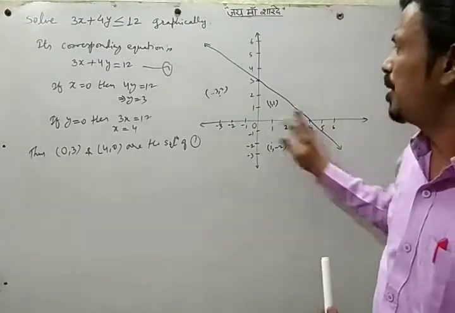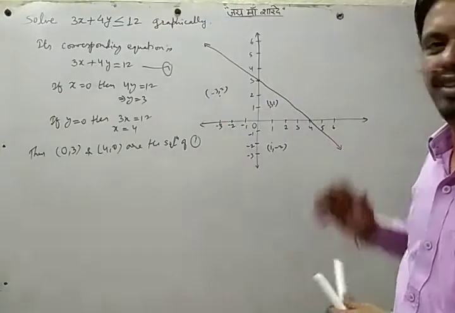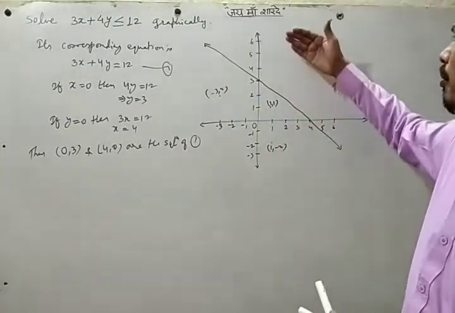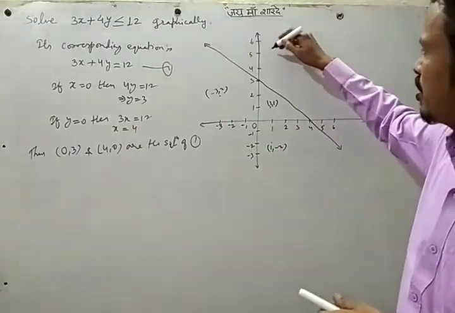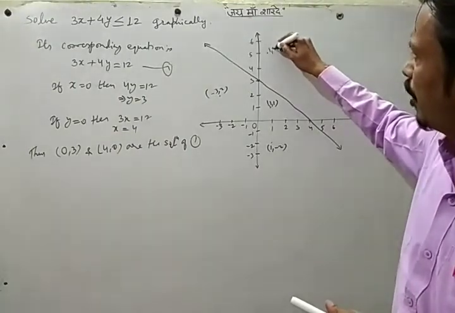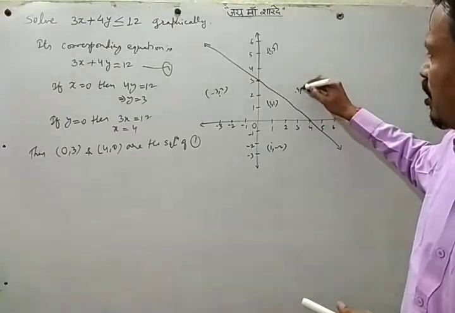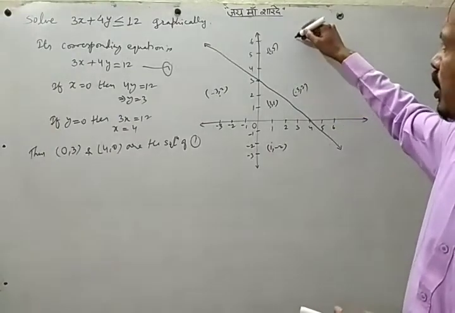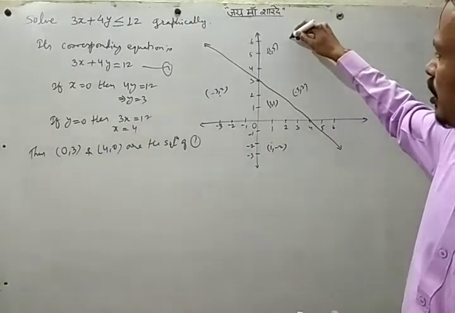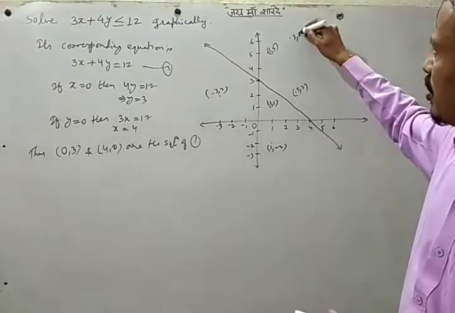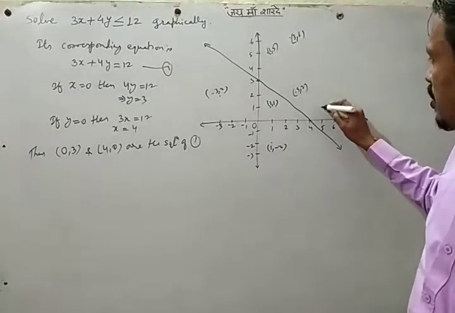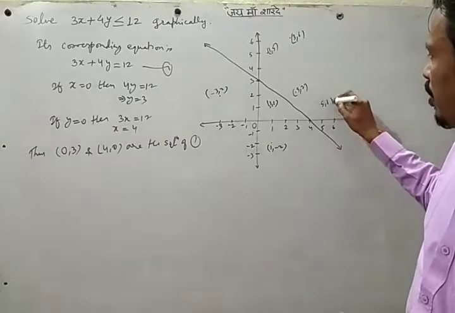So we can take any one point from this plane, or from the other plane also. For example, (1, 5), (3, 2), (3, 6), (5, 1).